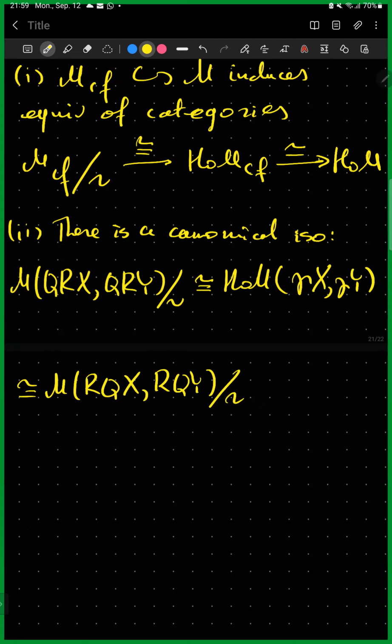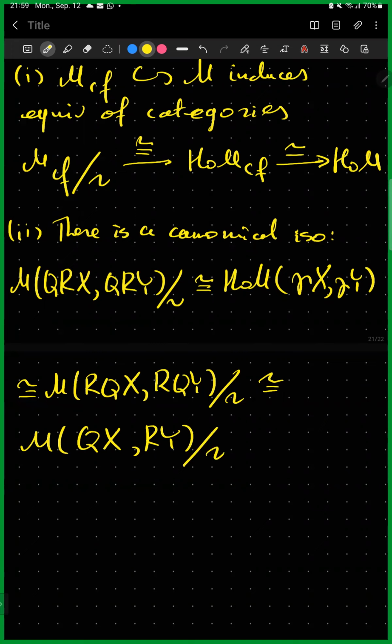And this is also isomorphic to this set.